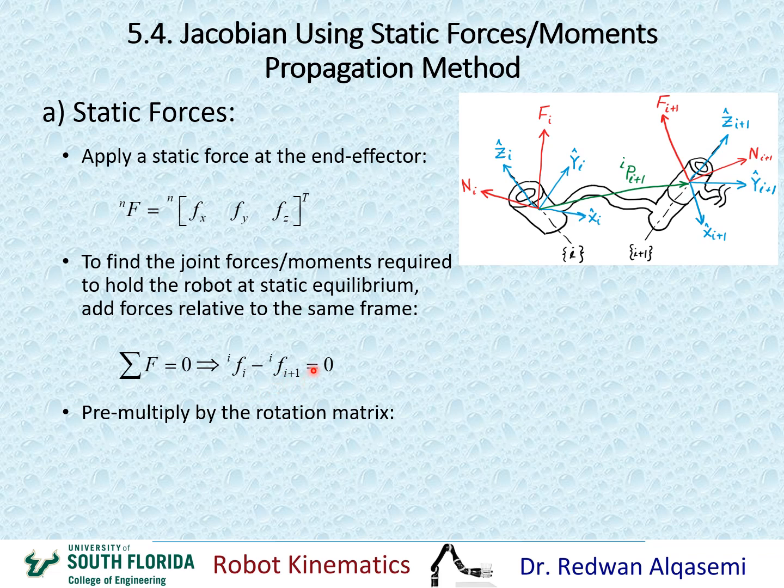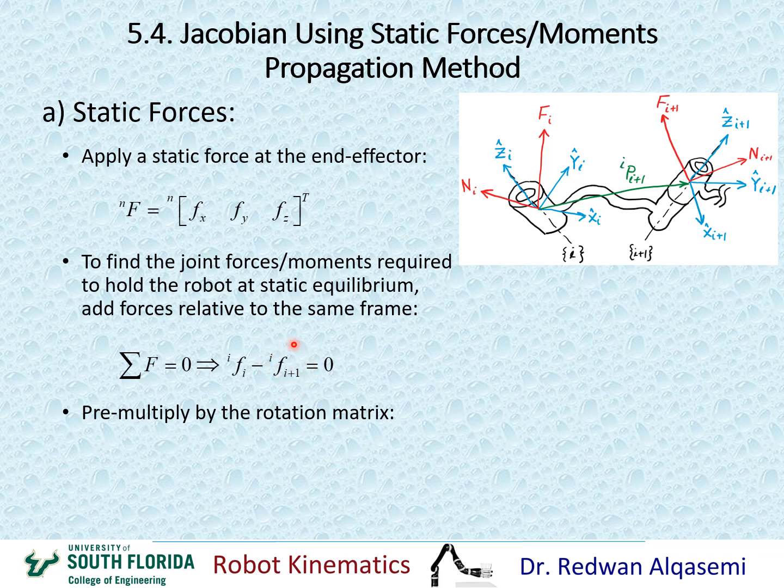Now, remember, when we do the addition or subtraction here, both of the reference frames have to be the same. So this is the reference frame for the first force, relative to I, and this is the reference frame of the second force, relative to I. But we always like to keep a force as the force of any frame relative to itself.